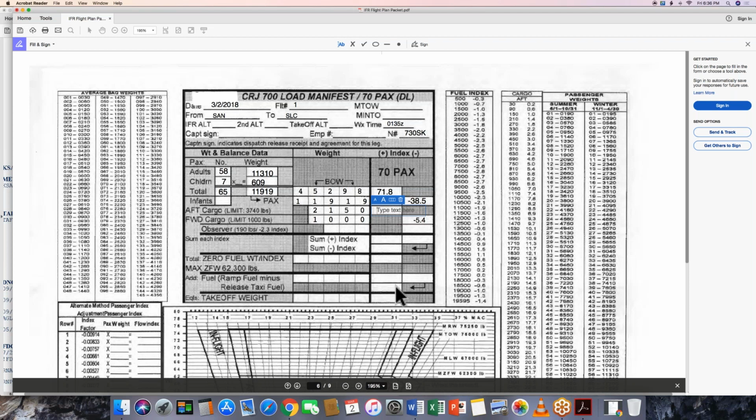Between, I would say 14.3. Okay. So we got 2150 for our weight in the aft cargo compartment. And that falls right smack dab between those almost. So I would agree.